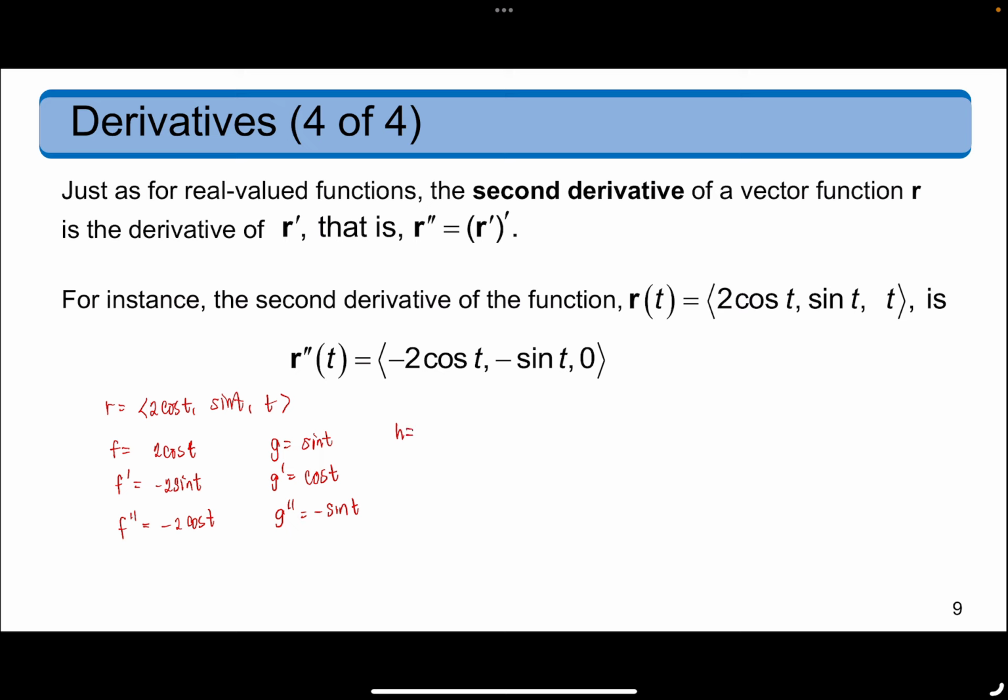For h, we have t. h prime is 1 and h double prime is 0. So we have negative 2 cosine t, negative sine t, and then for the third component, 0.